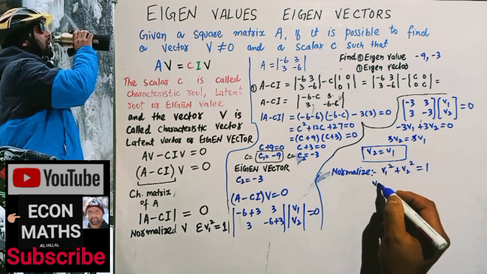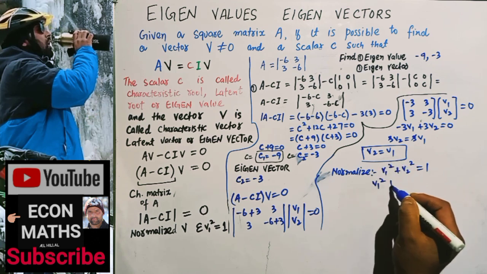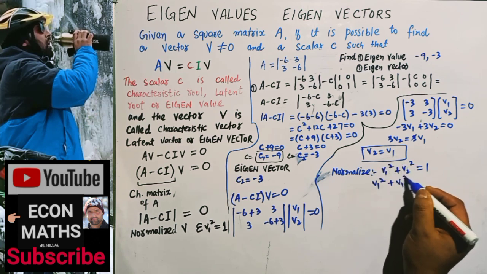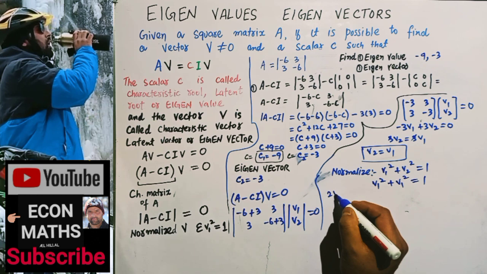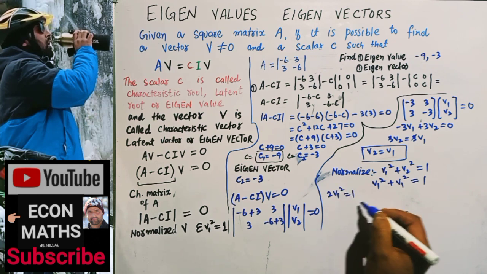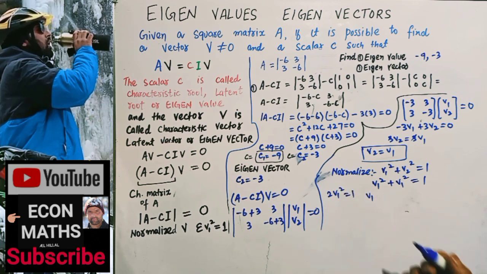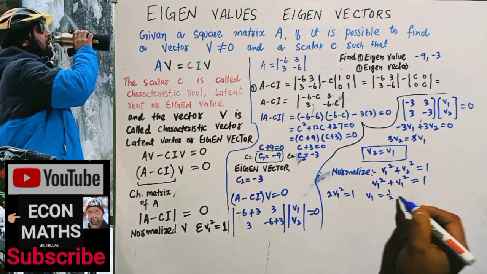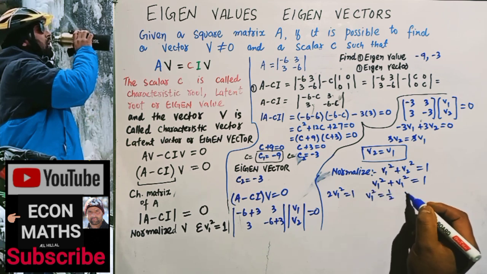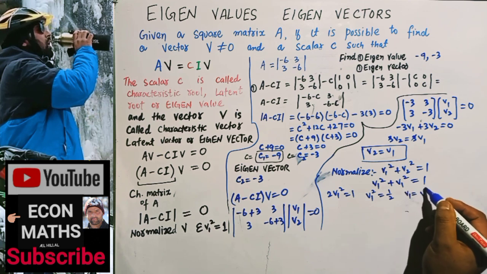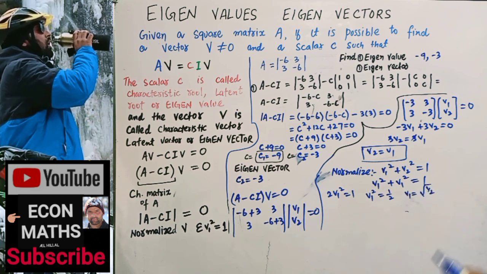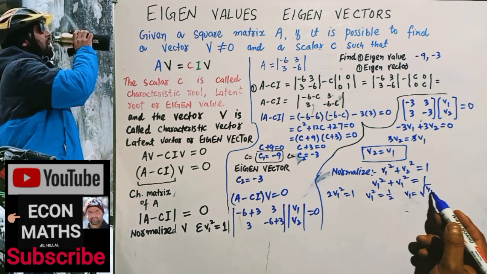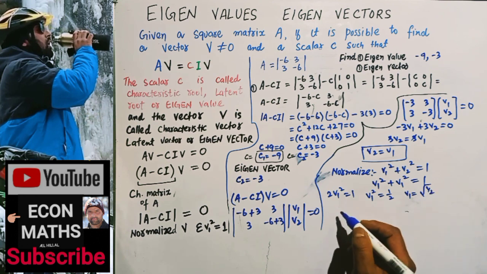So we have v1 square, and since v2 is equal to v1, in place of v2 square we have again v1 square, which is equal to 1. Twice v1 square is equal to 1, or v1 square is equal to 1 upon 2, which gives us v1 is equal to, let's take positive root here, under root 1 upon 2.